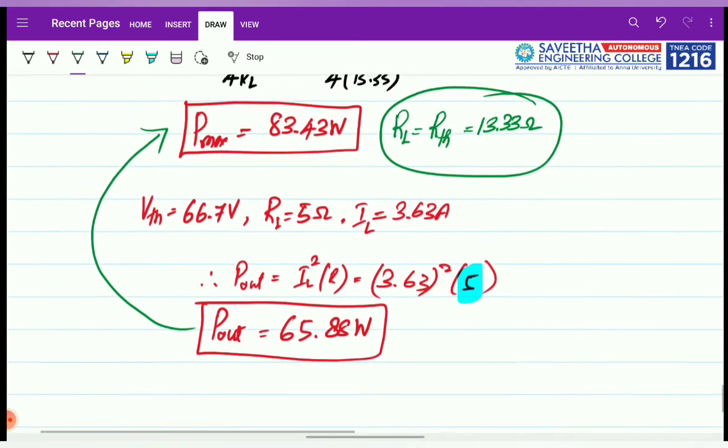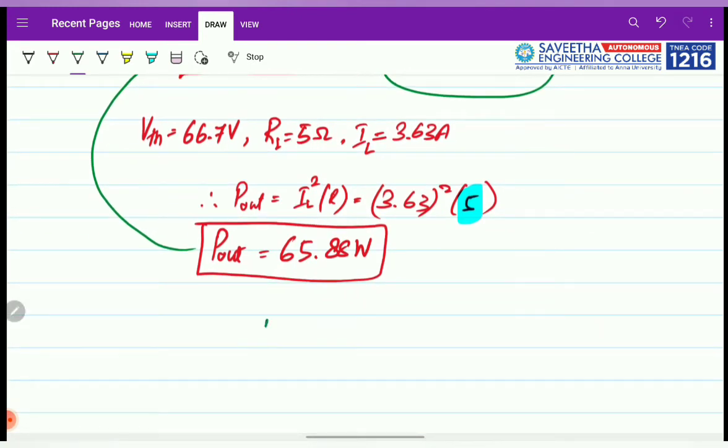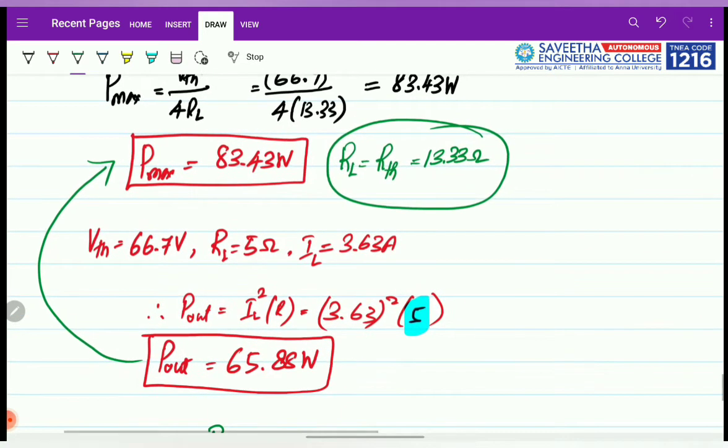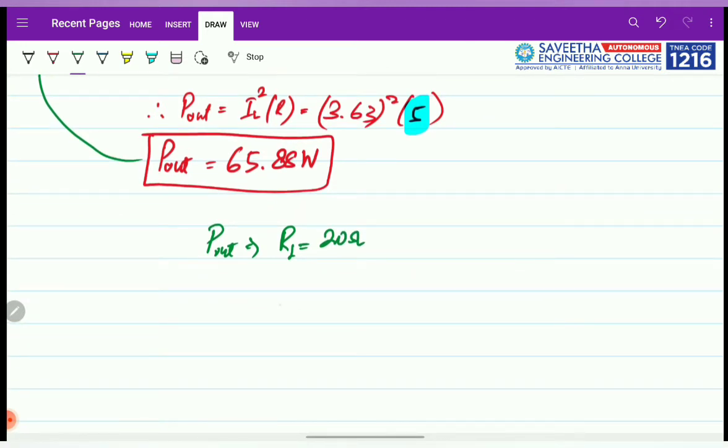Let us increase the value, that is RL. Let us find P out for a new RL value of 20 ohms. In order to find the power, I need to find a new value of load current, because in the earlier problem I found the IL with respect to this. IL was equal to VTH divided by RTH plus RL value.